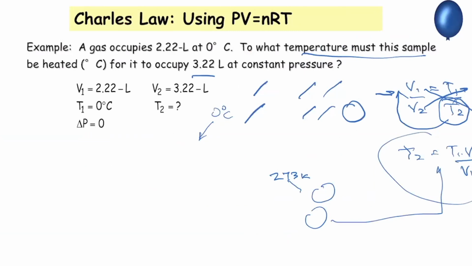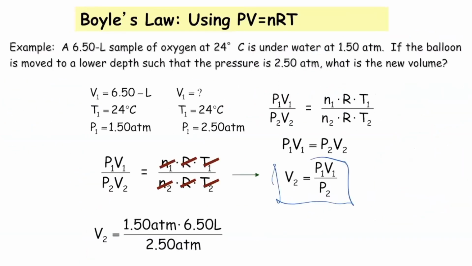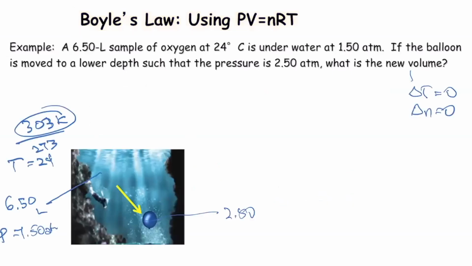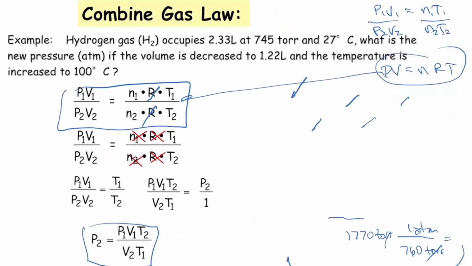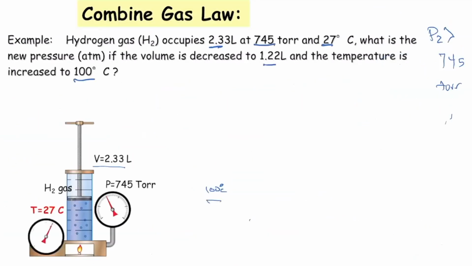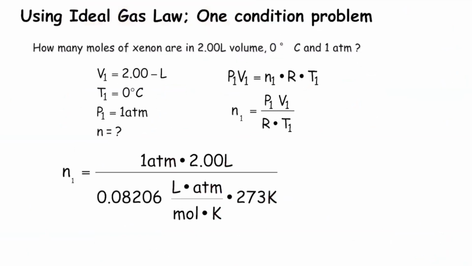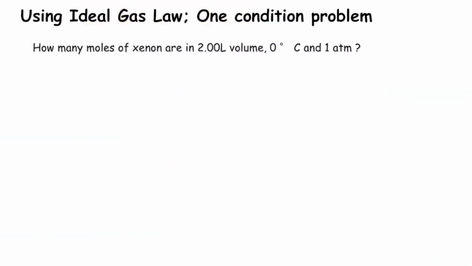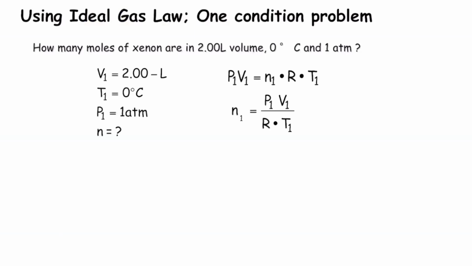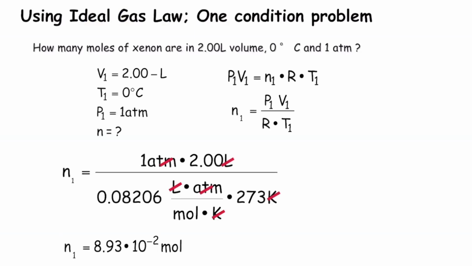There we used PV equals nRT and got this value, 8.93 times 10 to the minus 2.